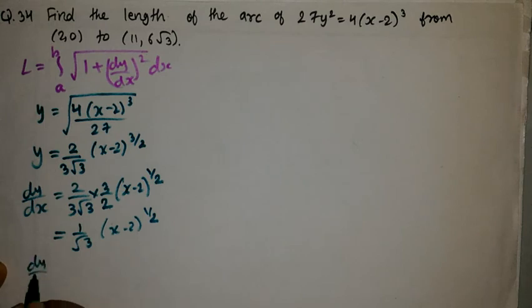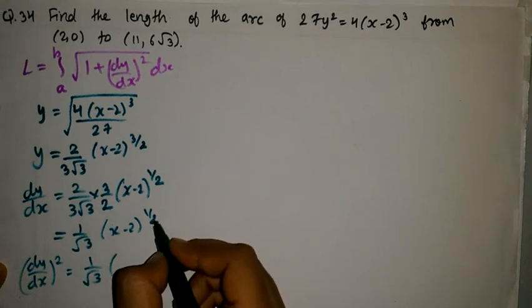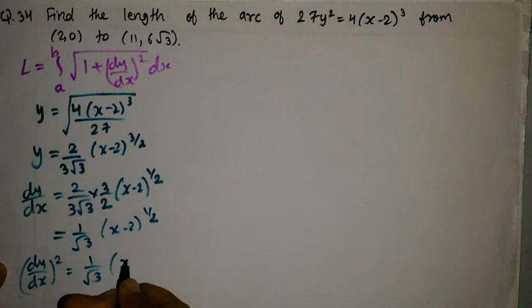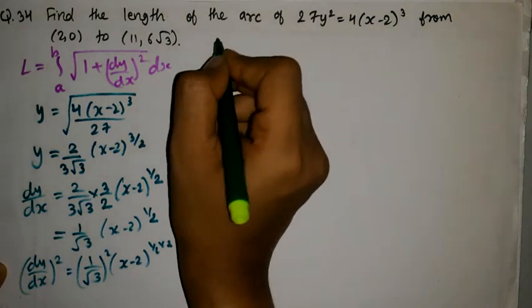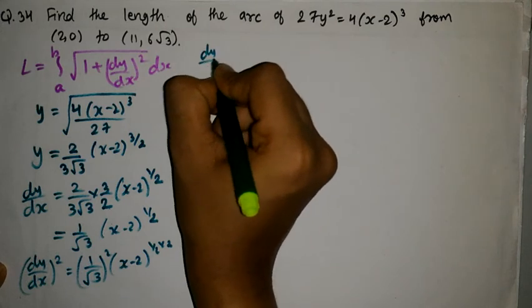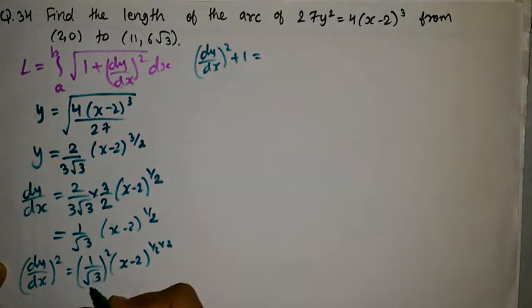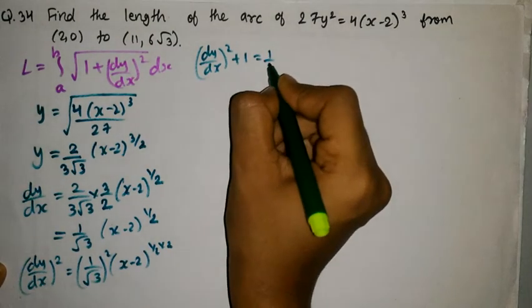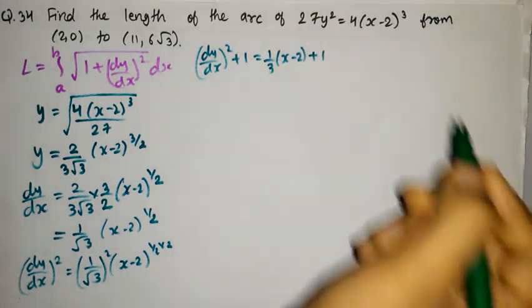Now dy upon dx whole squared is equal to (1 upon root 3) squared, and squaring this root will get cancelled, so it will be (x minus 2), since the square and the 1 by 2 cancel out. So now add 1 to this term: dy upon dx whole squared plus 1 is equal to 1 by 3 into (x minus 2) plus 1.